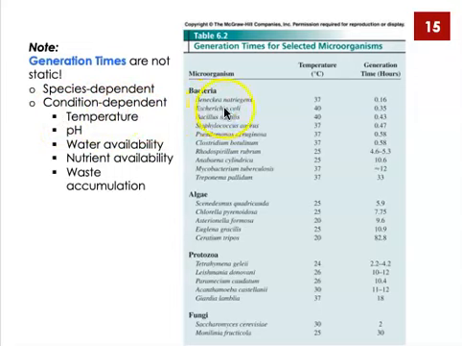If E. coli grows best at 40 degrees centigrade and has a generation time of about 20 minutes, if I try to grow E. coli at room temperature, the generation time is going to be longer. It's going to take longer for those cells to divide.